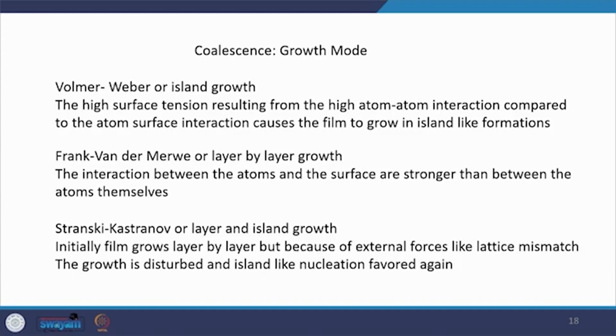In this case, initially the film will grow layer by layer, but then the surface tension forces between the islands become much stronger, so that the layer by layer growth will be disturbed, and then again island-like film will grow. So it will be islands on top of the layer by layer thin film. This type of thin film can also be grown.